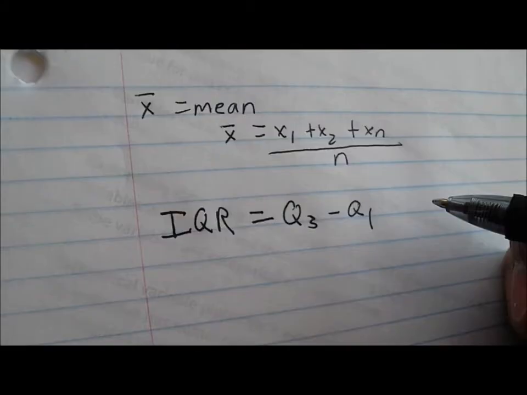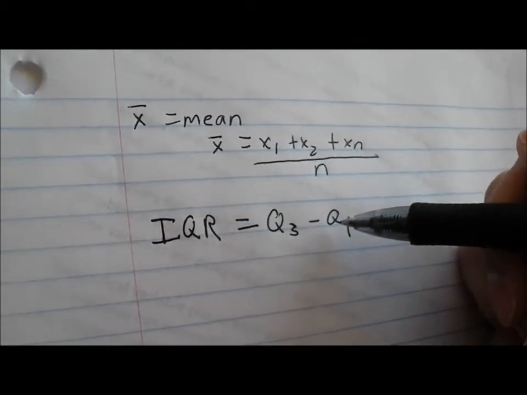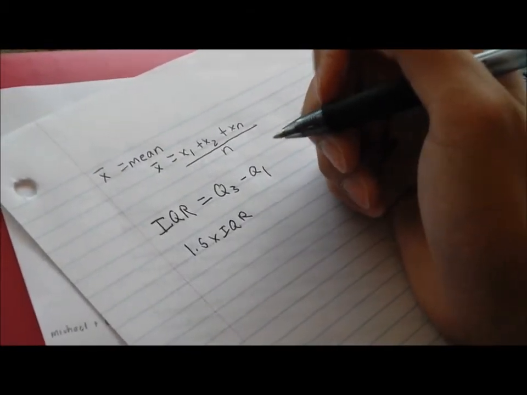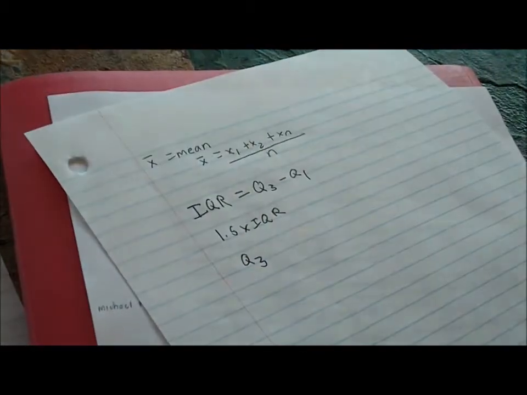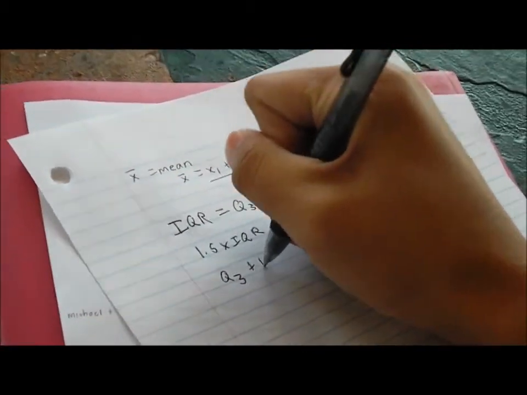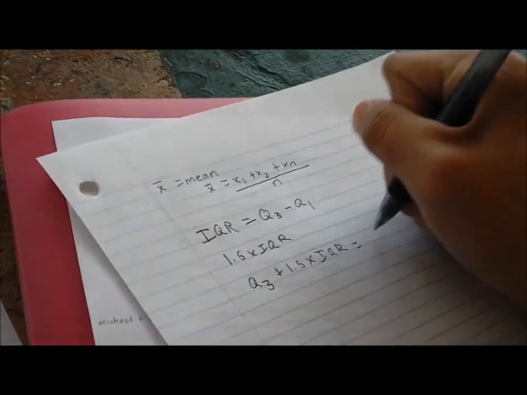Following quartiles, you need to know the interquartile range, or IQR, which is the distance between Q3 and Q1. So IQR is Q3 minus Q1. The two equations to find the upper and lower cutoff for the outliers would be Q3 plus 1.5 times the IQR, which would equal the upper cutoff.